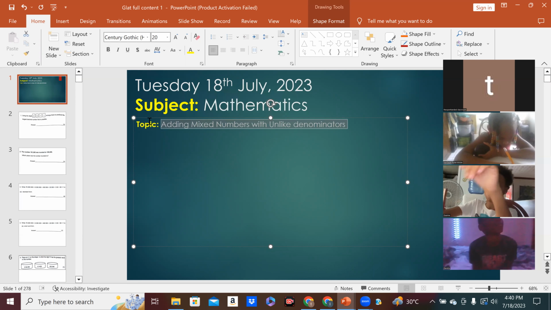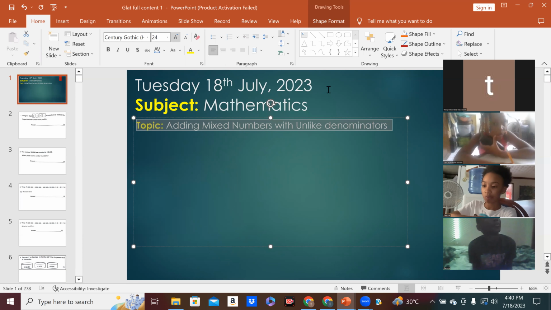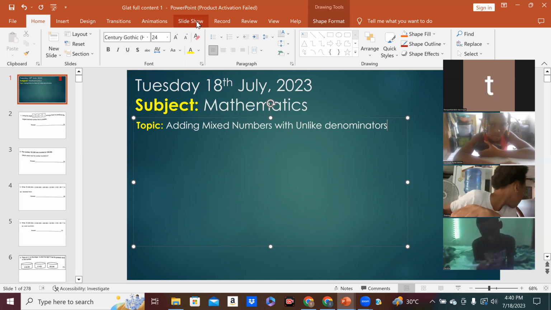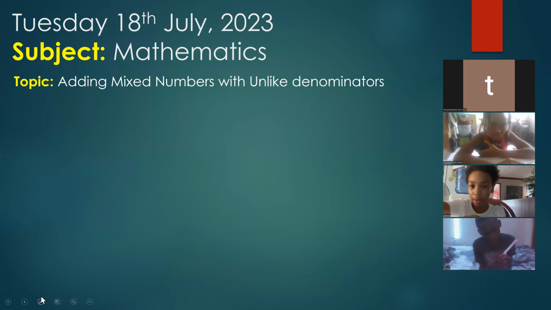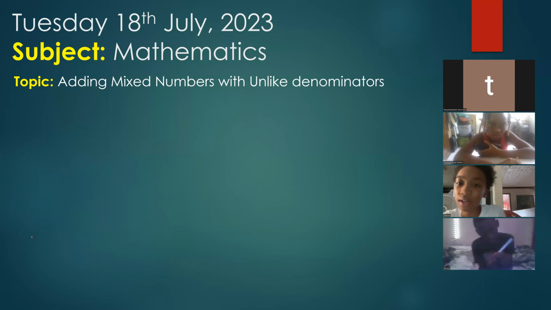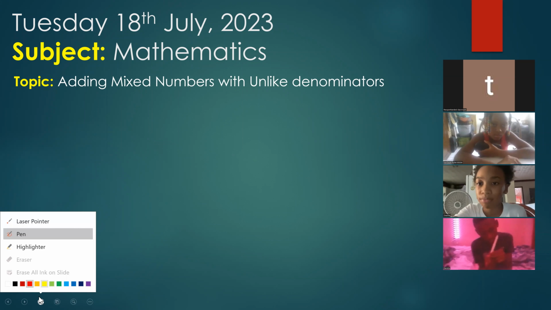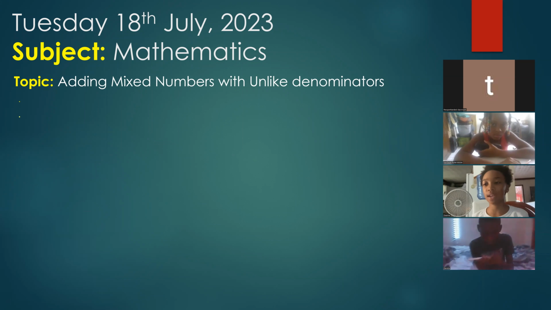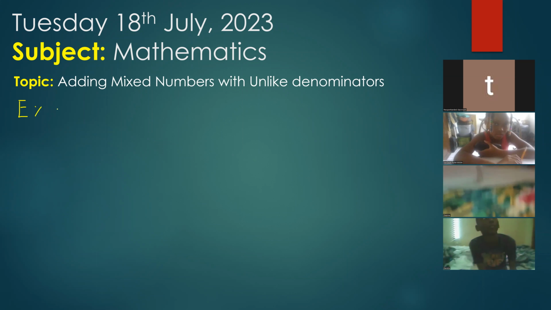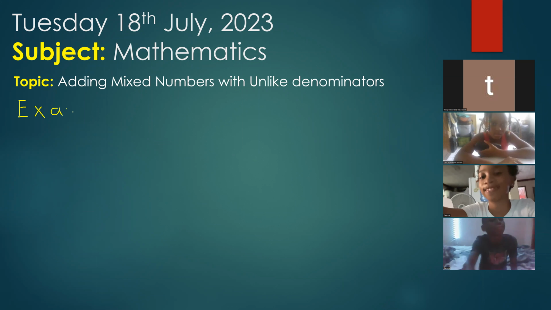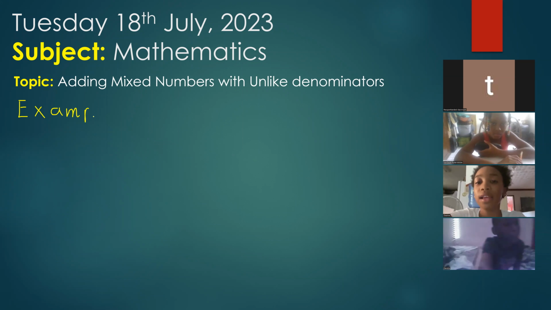All right, so we're going to be looking at adding mixed numbers with unlike denominators. So let's look at the first example. So example number 1.